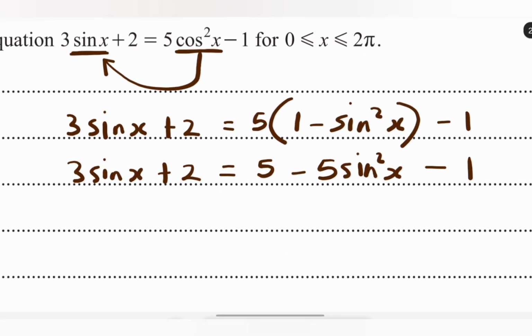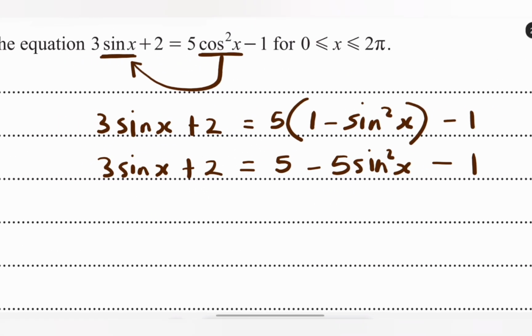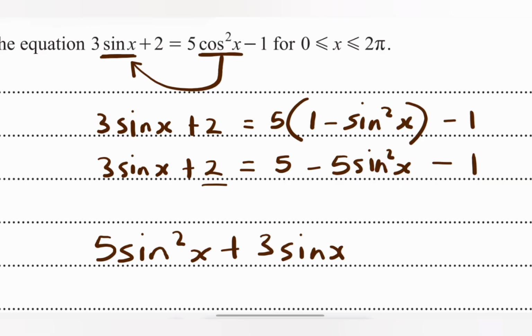We're going to take everything to the left hand side. So that becomes 5 sine squared x plus 3 sine x, then our 2 minus 5 plus 1. 2 minus 5, that's minus 3, plus 1, that's minus 2, is equal to 0, like this.